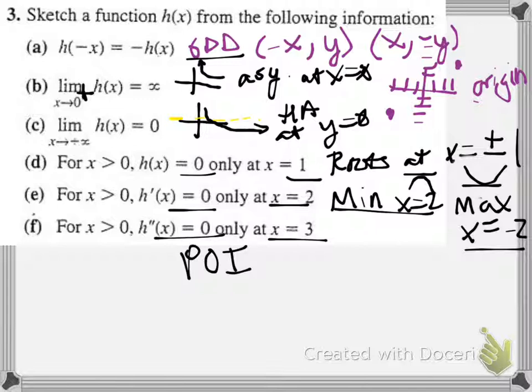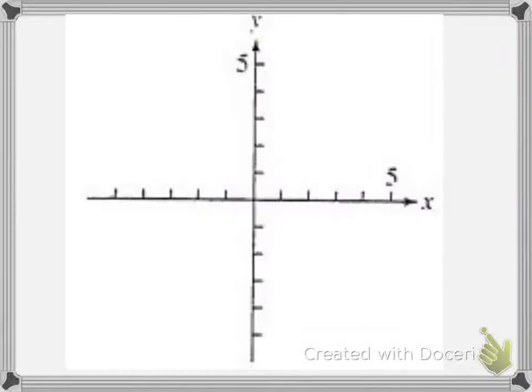Since it is happening at x equals 3 for all of my values that are greater than 0, because this is an odd function, it is also going to occur at -3. I'm going to have a point of inflection at -3. So now that we have all this information, let's see if we can go ahead and try to graph this thing.